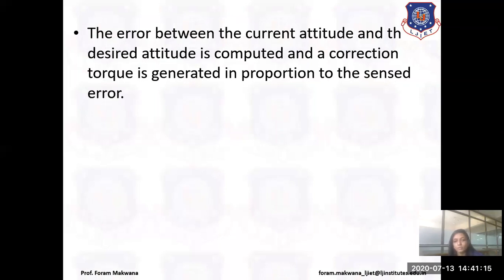And passive means it receives the signal from the Earth and simply reflects it back to the Earth, so no amplification is done. Okay, so if we want to define what a transponder is, then we have to define it with the help of active and passive. That can be unidirectional or bidirectional.